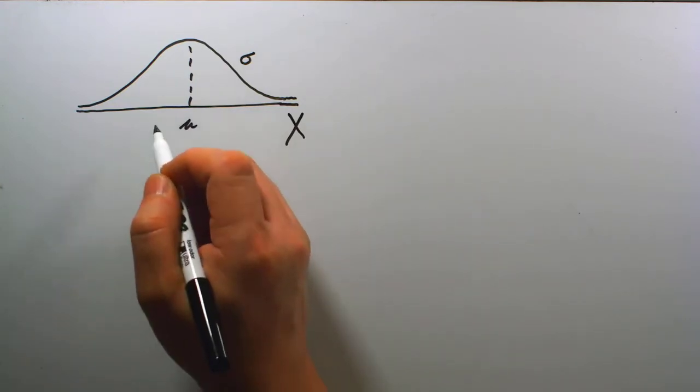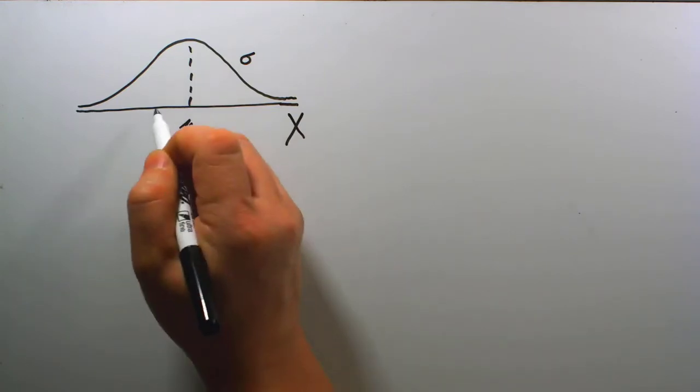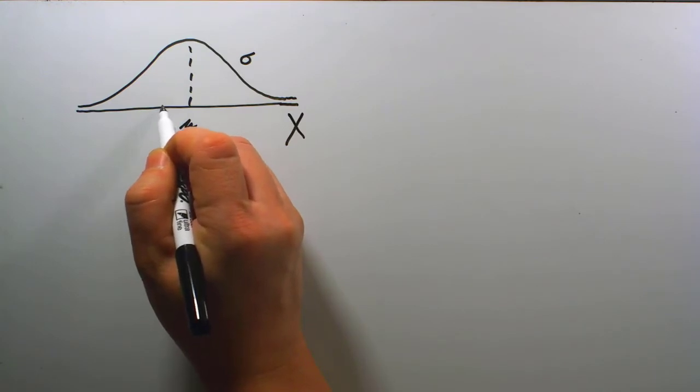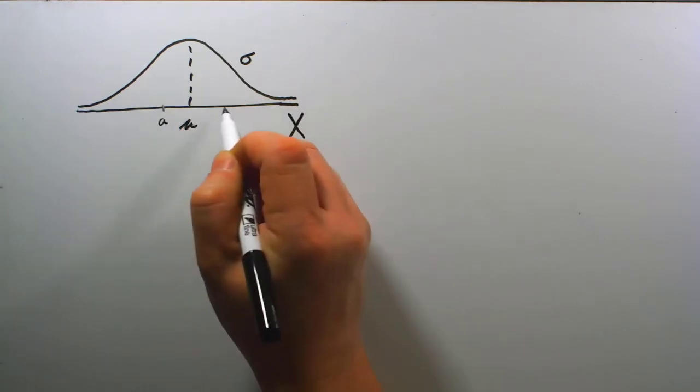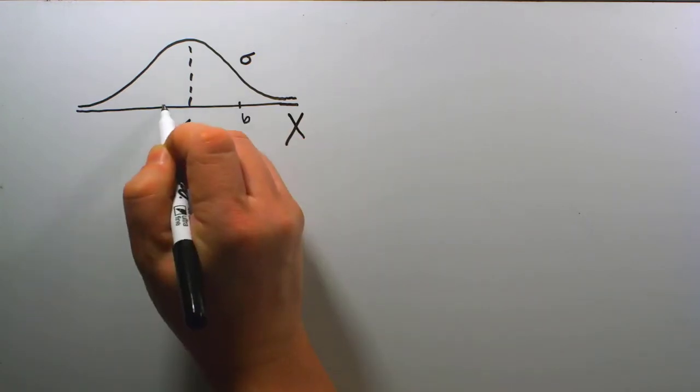And so what I need to remind everybody is that, let's say now we have a value of our random variable x being a, and we have another value of our random variable x being b.